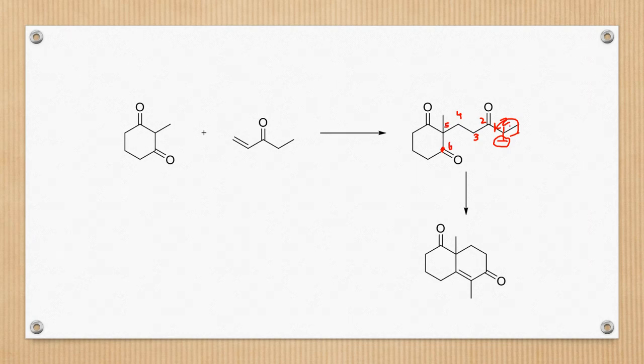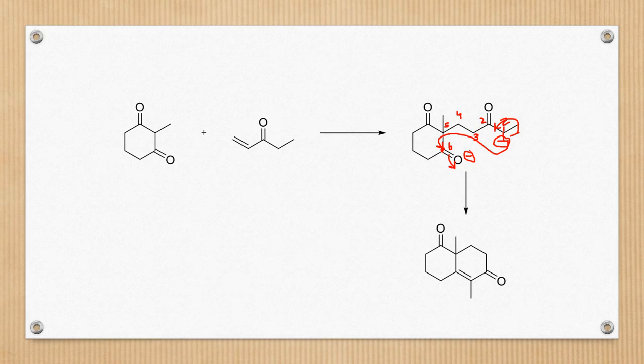So this carbanion then attacks this carbonyl carbon, C6. After attacking at this position, a six-membered ring, a fused six-membered ring, gets generated. An alkoxide O minus is getting generated after the addition of this nucleophile to the carbonyl carbon.